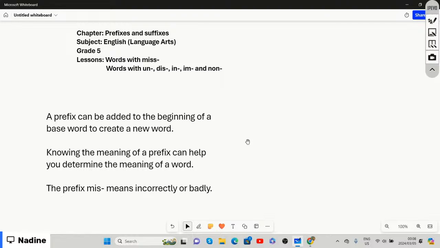Since we are doing the lesson on miss, dis, in, im, and non, it might sound as if those letters mean nothing, but they actually mean something. Knowing what each one of them means can help you to determine the meaning of a word.